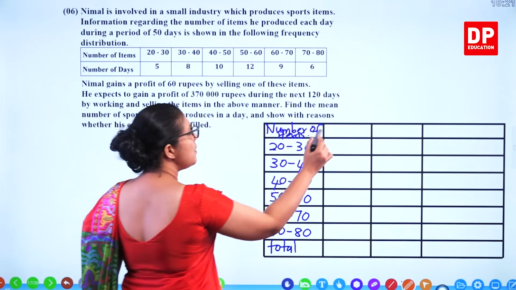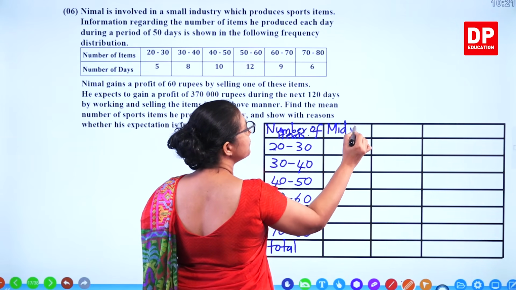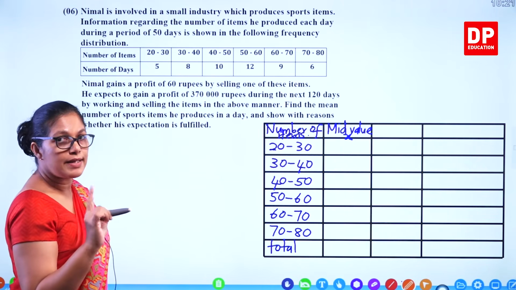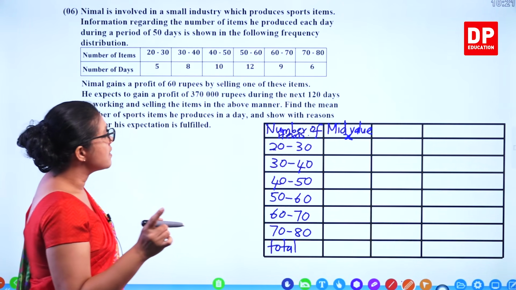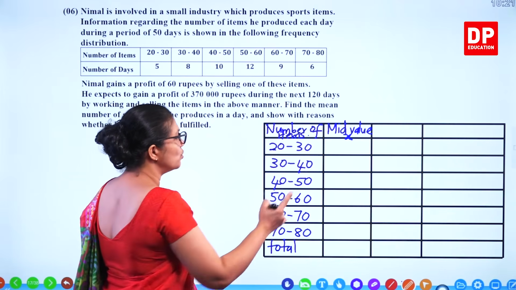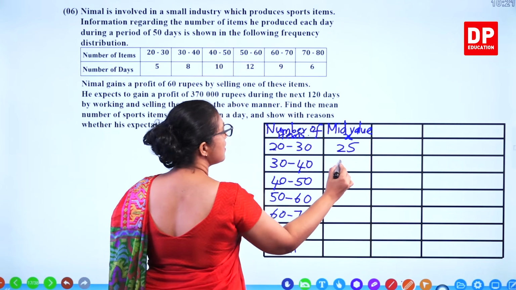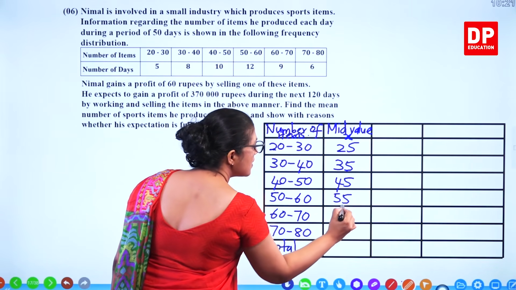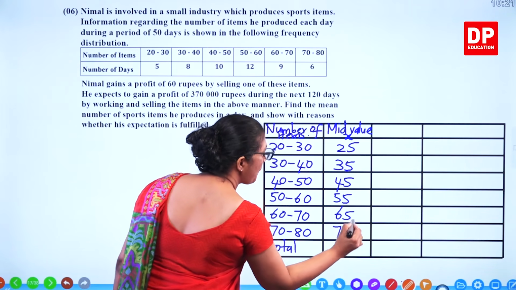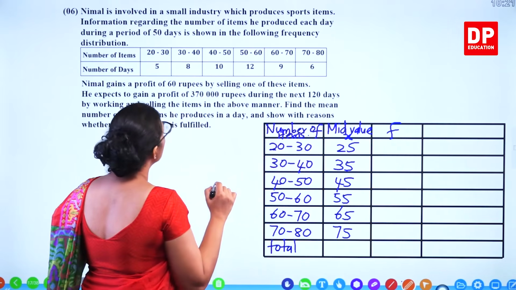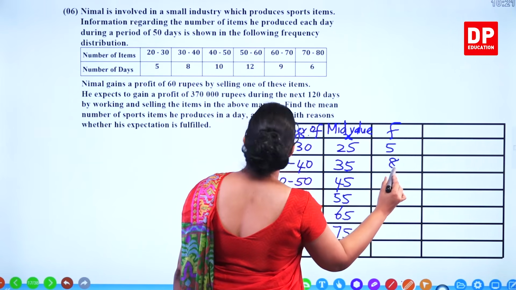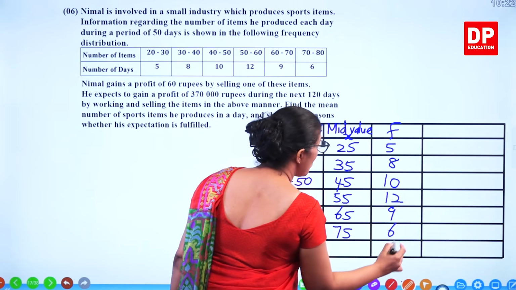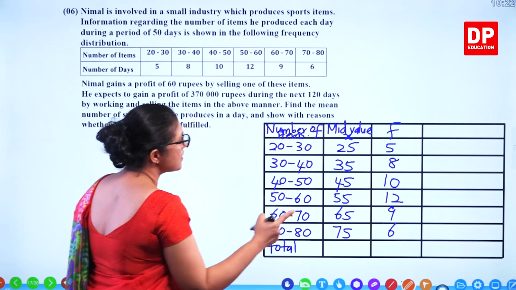And mid values, you need mid values, so that's the x value. How do you find the mid value? Add the two boundaries and divide by 2. 20 plus 30 divided by 2, 25. And here 35, adding 10, 45, 55, 65 and 75. And the frequencies, 5, 8, 10, 12, 9, 6. So what's the total? 50 days.